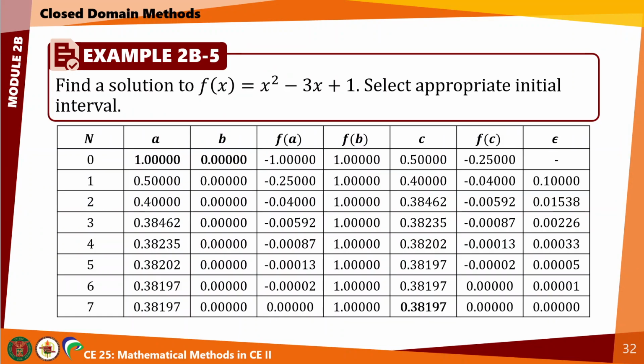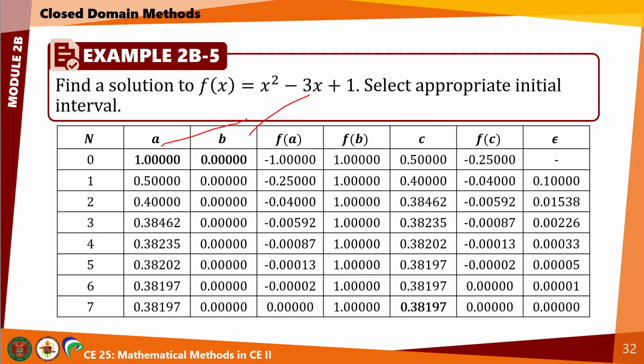Same example lang. We're asked to find the roots or the solution to the quadratic equation x squared minus 3x plus 1. Just like what we did sa bisection method, our initial interval dito sa una is 1 and 0. Substitute. To solve for f of A and f of B, we get negative 1 and positive 1.